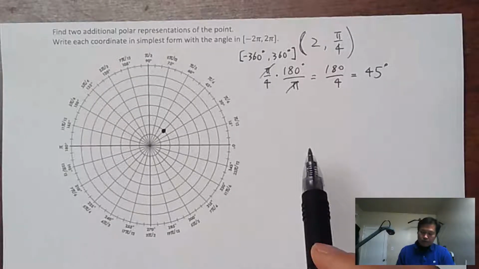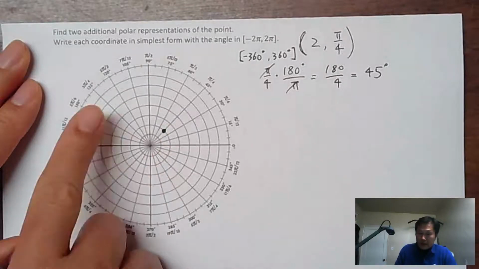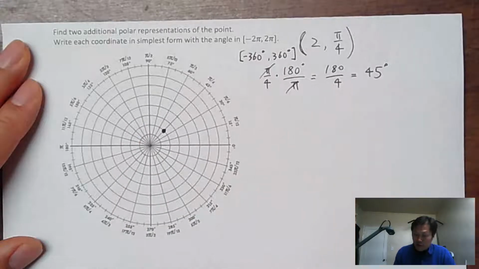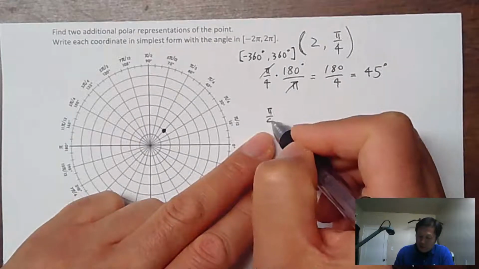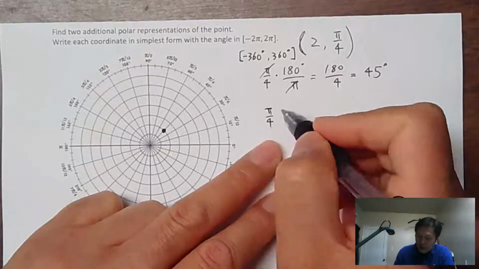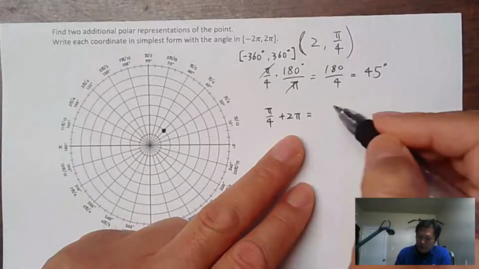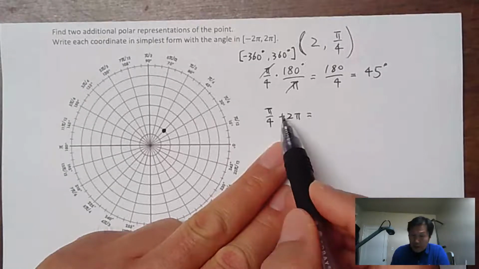So one way we can do is you can add 360 to find another representation. So angle is pi fourth. So you can add 2 pi. If you add 2 pi, I already know this is gonna be bigger than 2 pi.